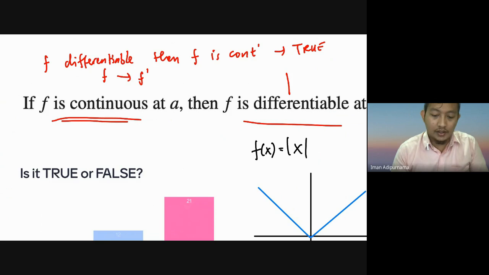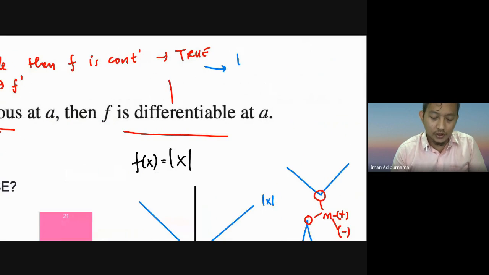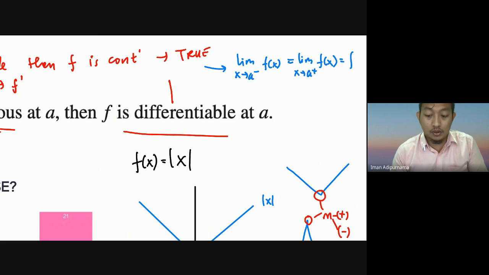You can also prove this by checking that the limit from the left is equal to the limit from the right, and it is equal to the function at that point. So if it's differentiable, then it's also continuous.